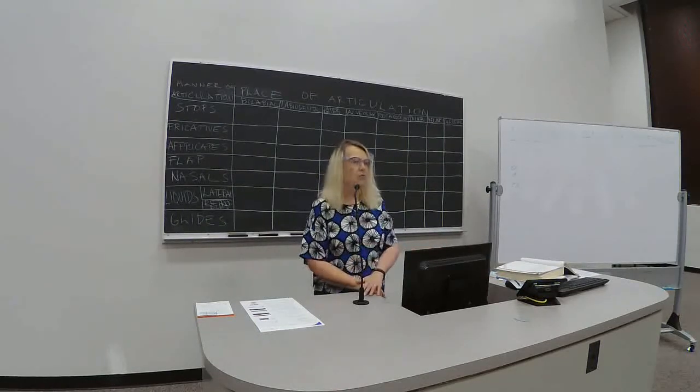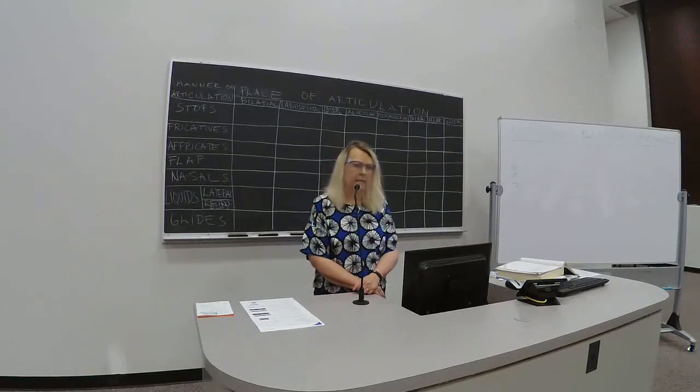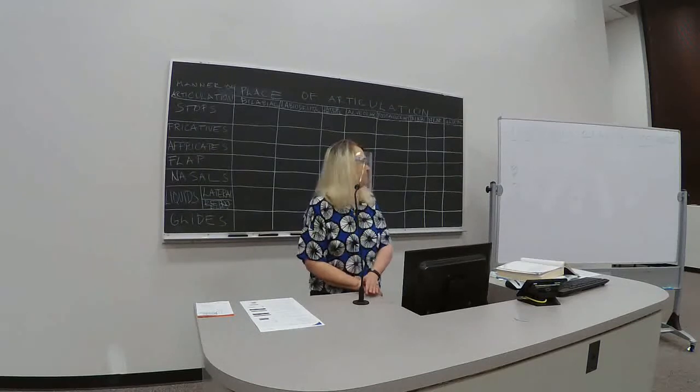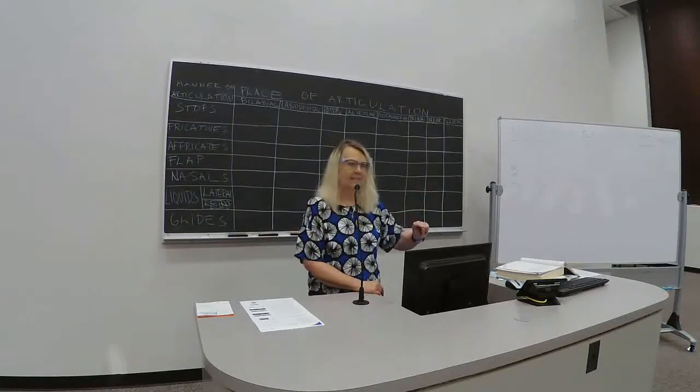We've kind of went over this already in one of the earlier PowerPoints that have been posted for the course. What are the three things that we need in order to describe any consonant of any language of the world? We need, yes? Voicing?